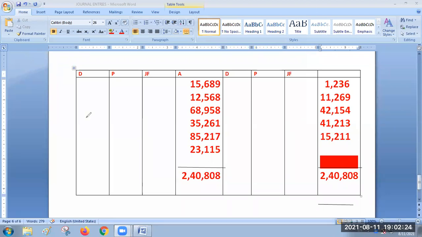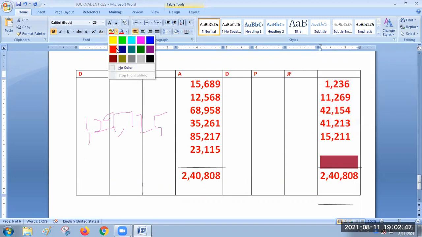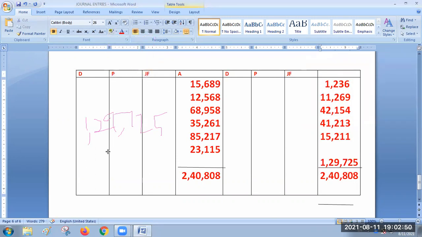Sir, 1,29,725. 129,725. Okay. Yes, sir. I have already done, but so you should not see it. That is why I have painted like this. I will make it visible to you. Okay. 129,725. Okay. Valid.